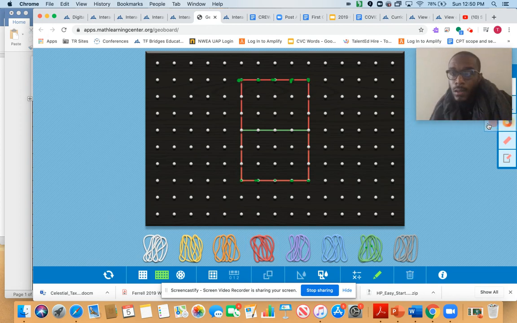I'm going to do this side. 1, 2, let me count the pegs. 3, 4, 5, 6, 7. There's 7 pegs on this side, so it must mean that this has 7 pegs. 1, 2, 3, 4, 5, 6, 7.